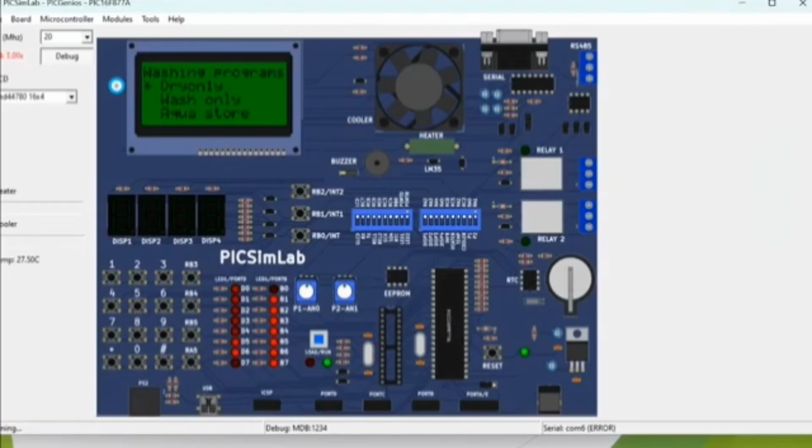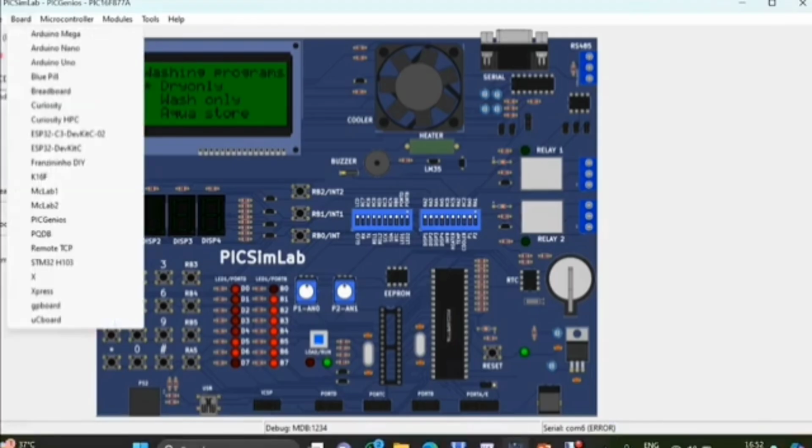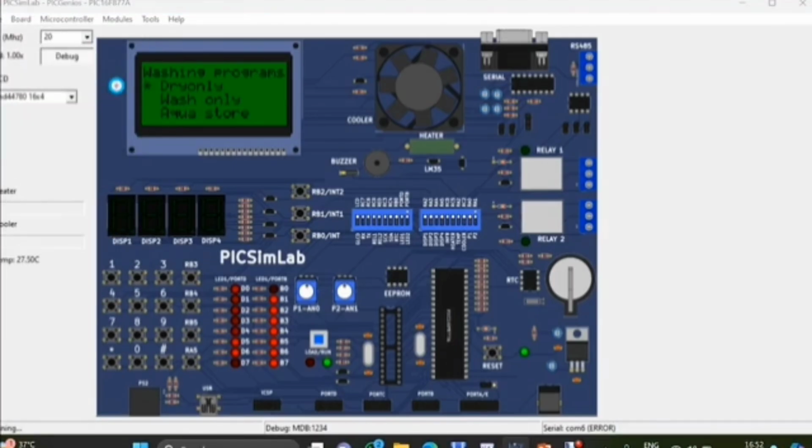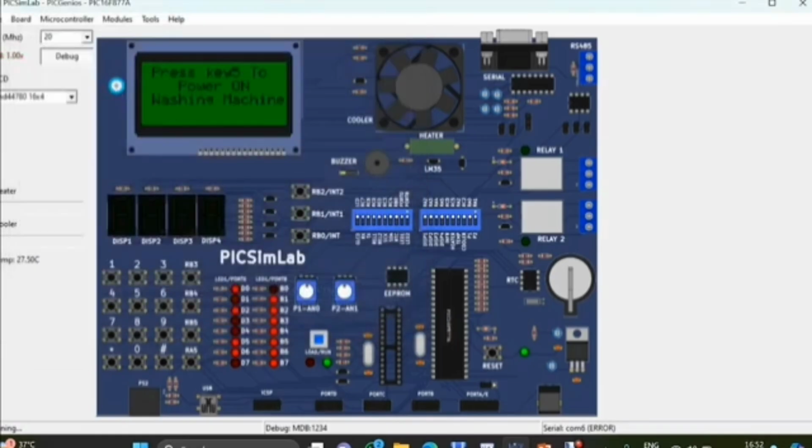So this is the PIC16F877A microcontroller. This is the PIC Genius board. We have selected it in this board. We have uploaded the code, loaded the hex, and I have already uploaded it to this board. We press this button for reset.